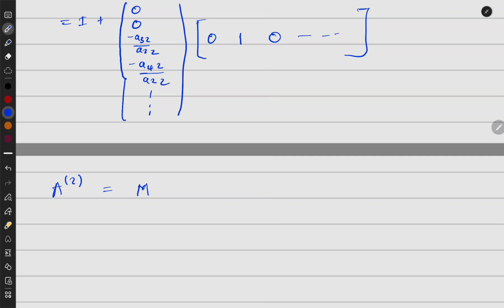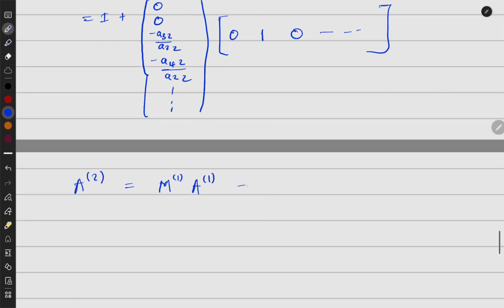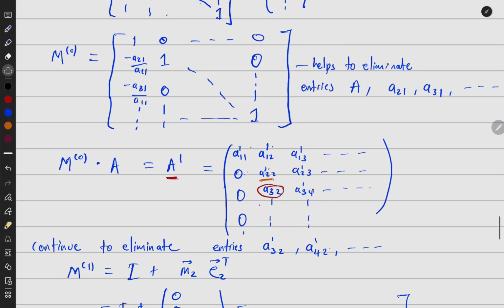So if I get my A2, therefore it is going to be gotten by multiplying now my M1 times A1. So meaning now this matrix will be in the form A1 can still be there, this one. However, it's double prime. Can bring this here. Copy.